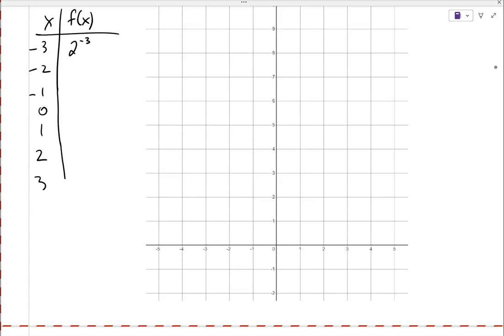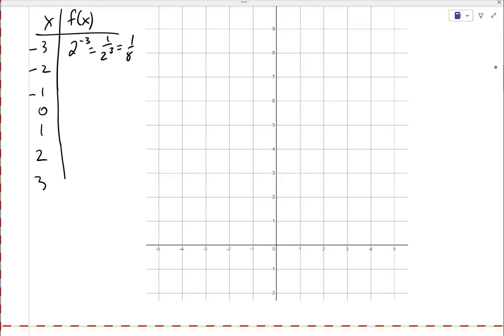What does it tell you? Yeah, it's a division thing, right? Take the reciprocal. The negative tells you to do 1 over that. So this is the same thing as 1 over 2 cubed, which gives you 1/8.